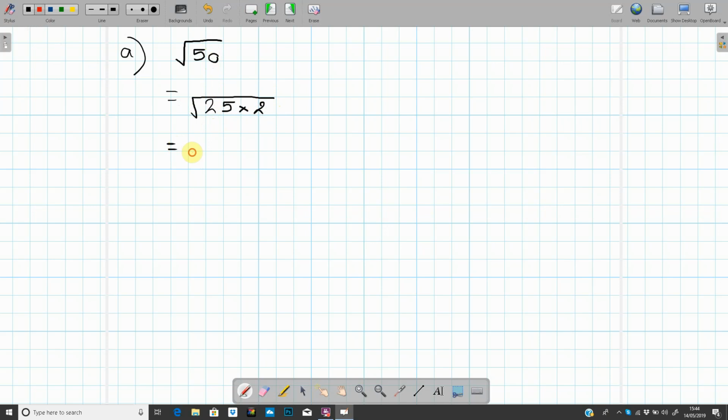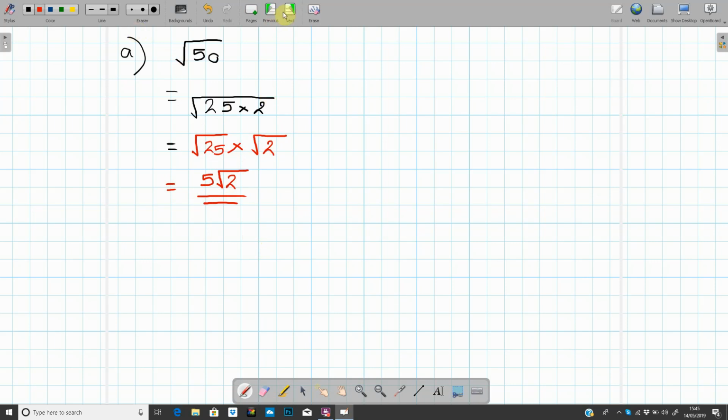Okay, so we'll do the square root of 25 times the square root of 2. Now, we can simplify the square root of 25 because we know that is 5, and the square root of 2 doesn't simplify, so that just stays as it is. And that is your final answer.